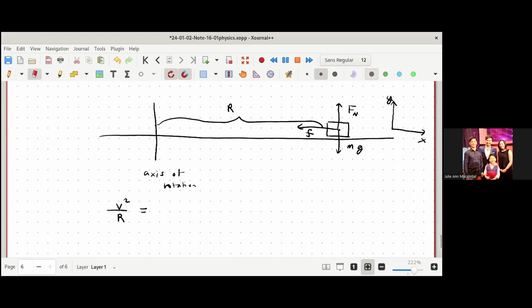Dapat towards the center, so negative to. Tapos, yung friction, pointing to the left, so negative din siya. So, ito yung x components. Yung y component, no acceleration along up and down, so 0 equals Fn minus mg.